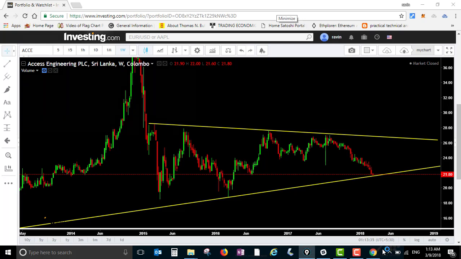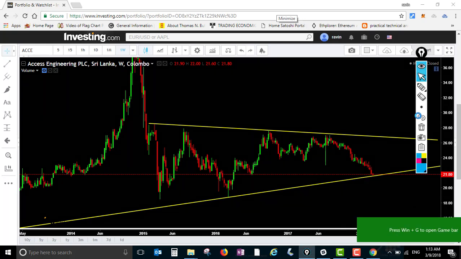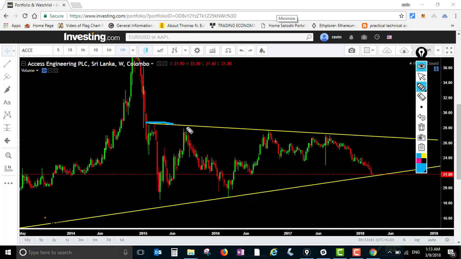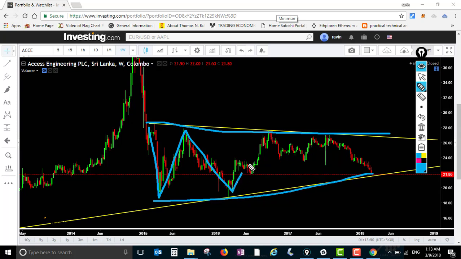We can say a symmetrical triangle. Here I will show you. Here it is behaving within this pattern. So price is moving within that pattern, right?